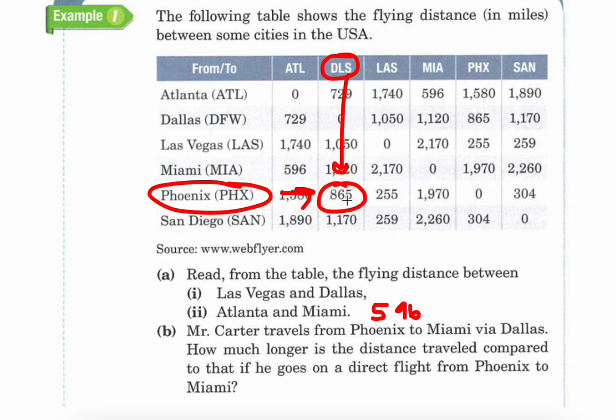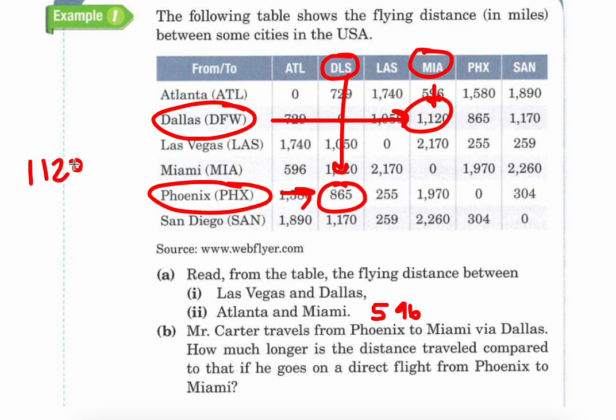Then from Dallas to Miami, it would be 1,120. So altogether with that stopover, let's add this up to figure out the total, 1,985 miles. That's with that stopover in Dallas.